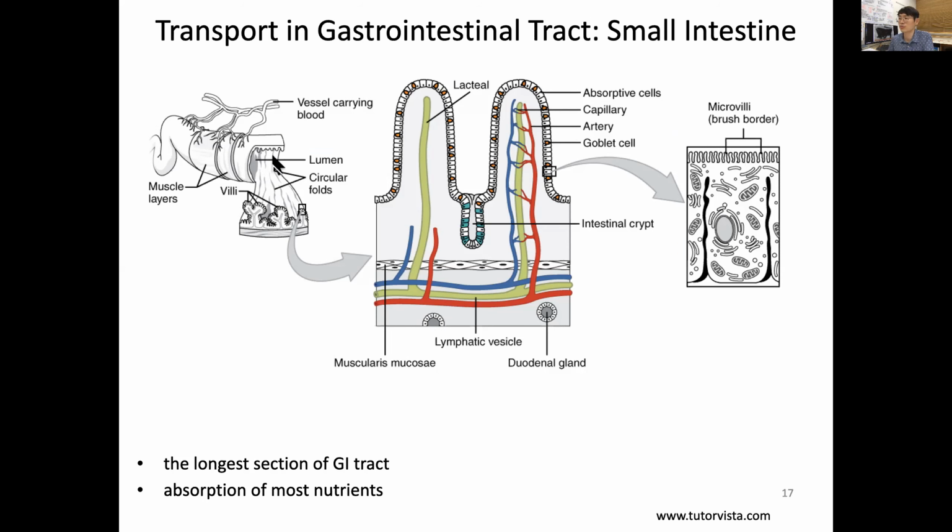The luminal surface has circular folds, and those circular folds contain so-called villi, which are intrusions of the surface area covered with epithelial cells. Of course, inside the protrusion, you can see capillaries getting in and out, and at the same time lymphatics are also there.